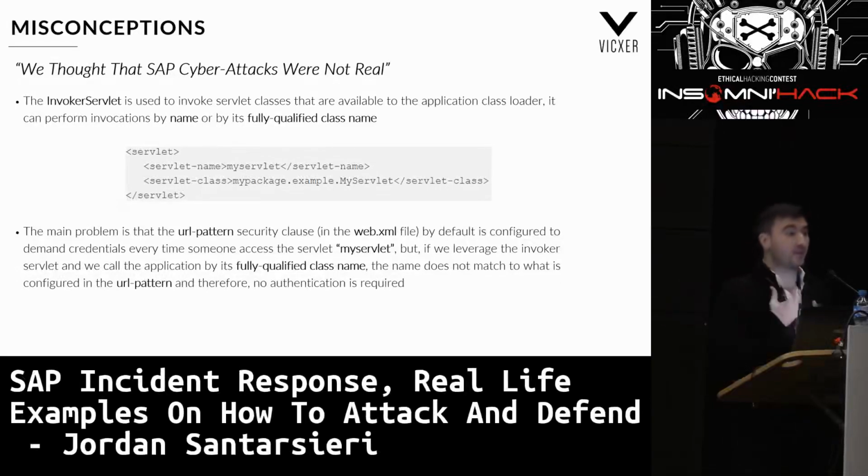There is a problem. The URL pattern always pointed to the name of the class. So whenever you try to access jordan.com/myservlet, SAP will ask for authentication. But otherwise, if you go to jordan.com/mypackage.example.myservlet, guess what happened? Nothing. You were able to fully use that class, completely bypassing the authentication process.